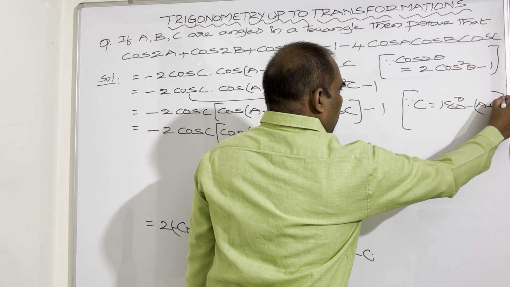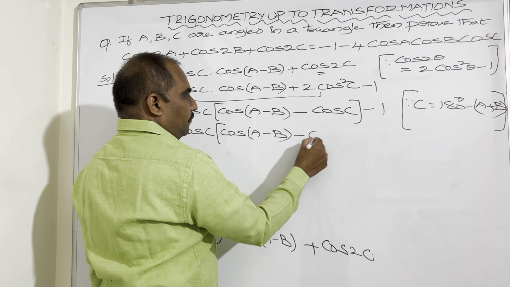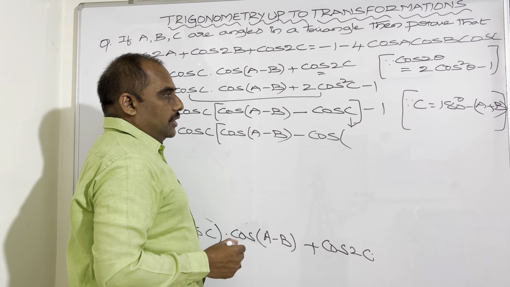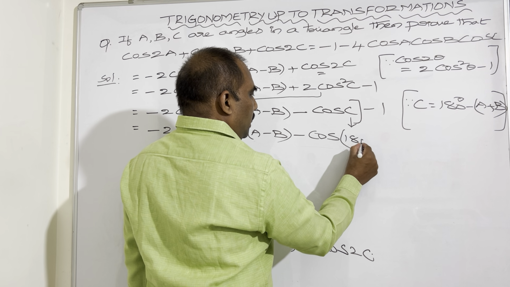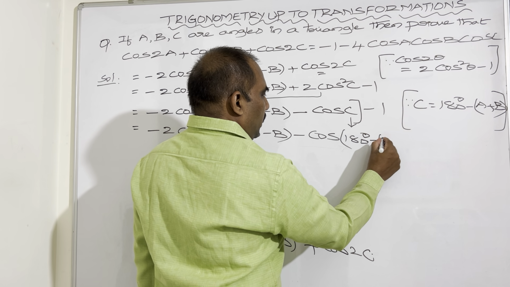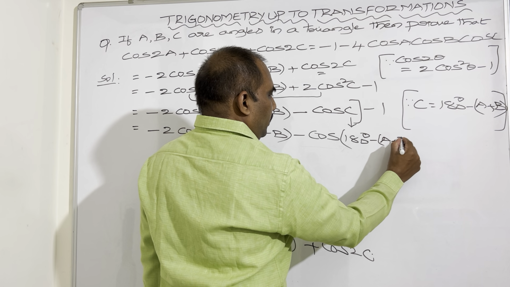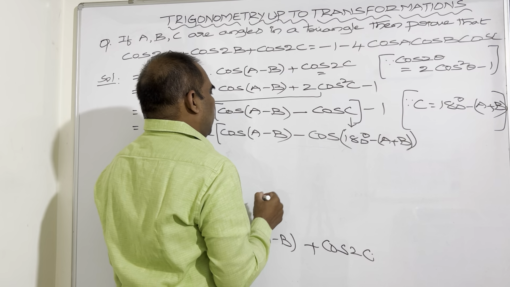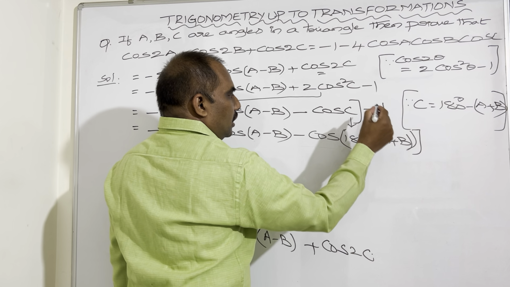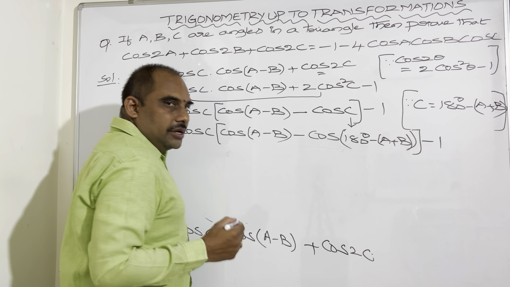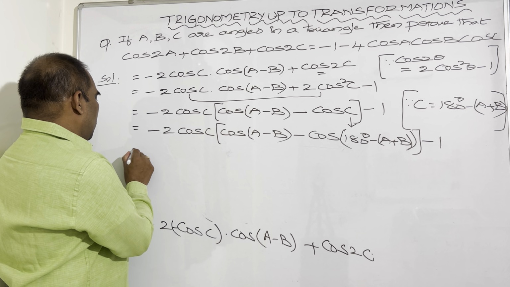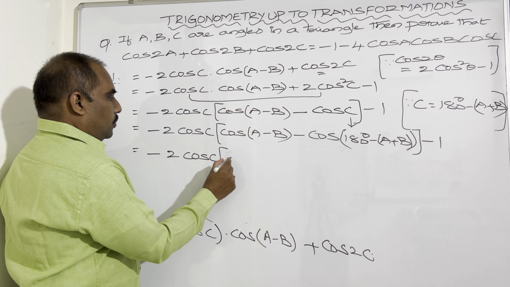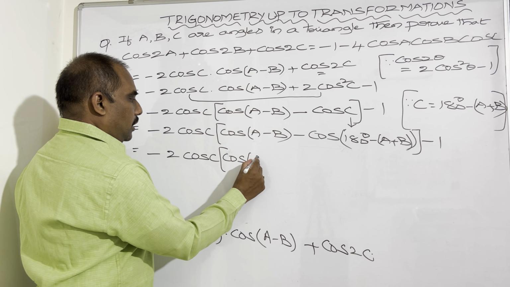So this angle C can also be written as 180 minus (A plus B). This is cos of 180 minus (A plus B), close the bracket, and the last term is minus 1, written as it is.